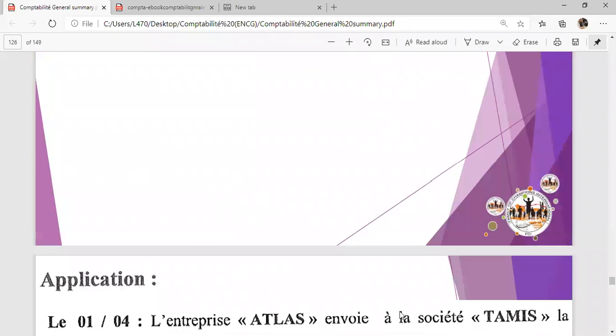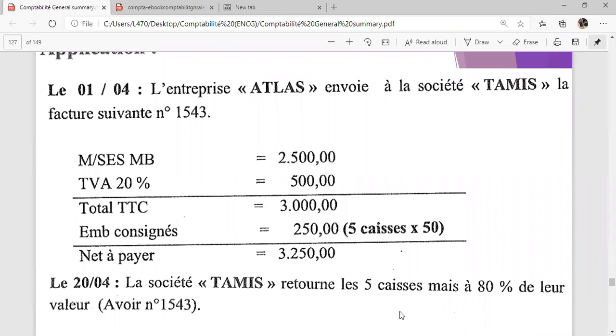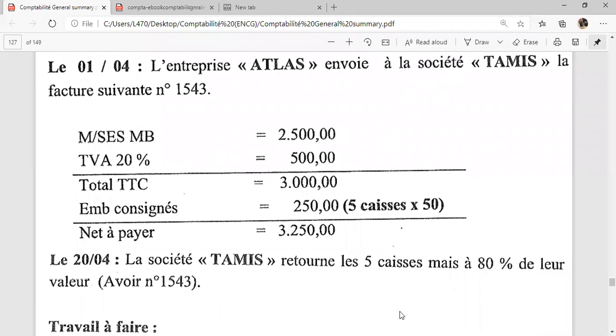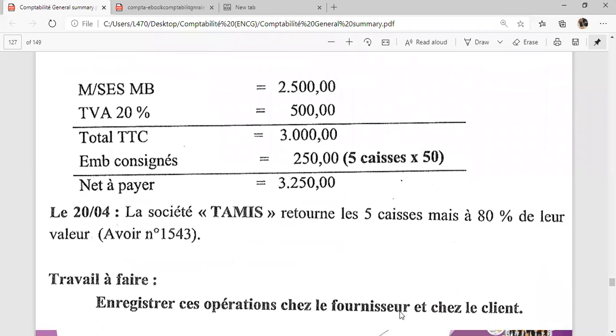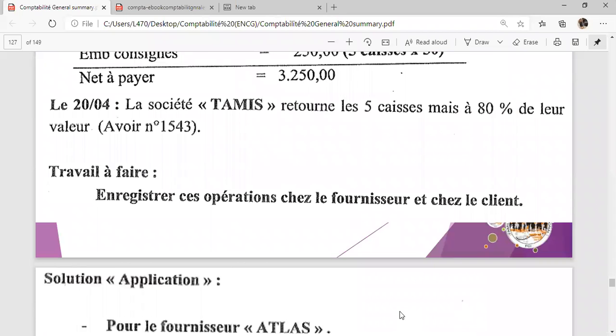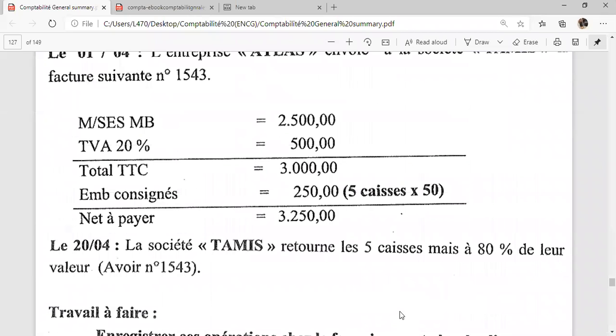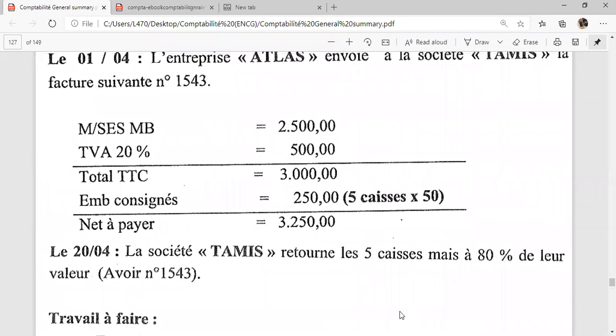So here we have a petit example. We have le montant brut, which we have as 2,500.